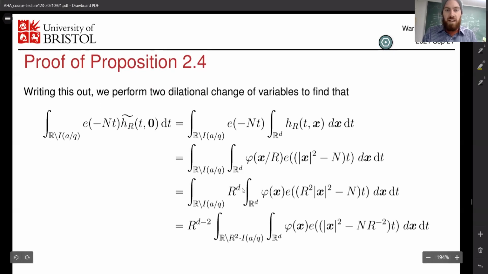The first x times r of x gave us a factor of r to the d. Now t divided by r squared gave us an overall factor of r to the d minus 2. R was going to be of size square root of n, right? Which is exactly what we were hoping to get from the Hardy-Littlewood theorem. So we're right on track here.